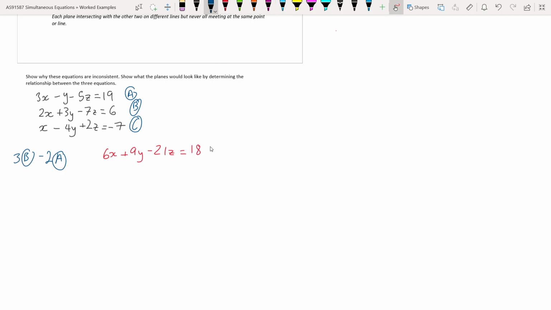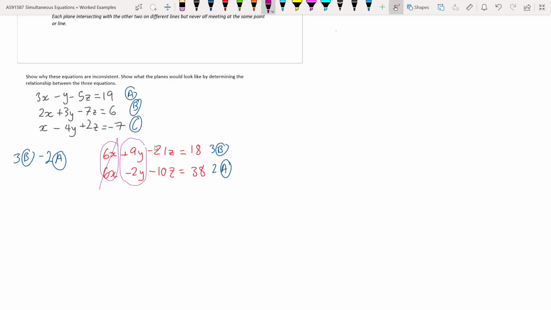So that is our equation for 3b. Our equation for 2a will be 2 amounts of 3x, which is 6x, 2 amounts of negative y, which is negative 2y, negative 10z, and 38. Now remember, I'm subtracting these, so gather these like that.